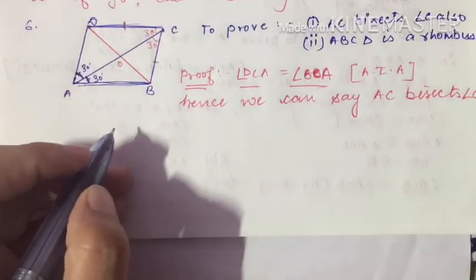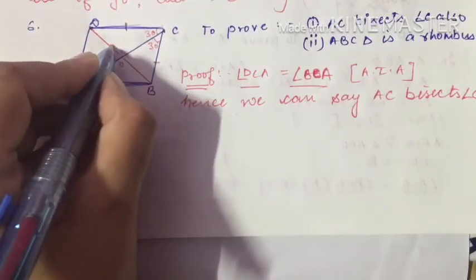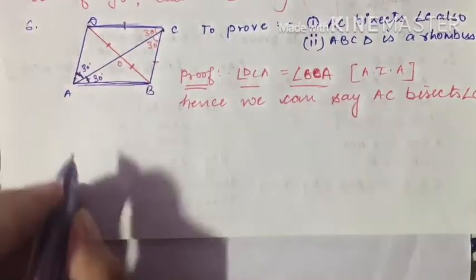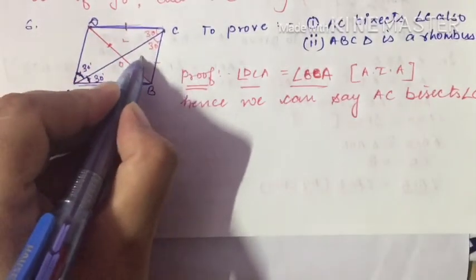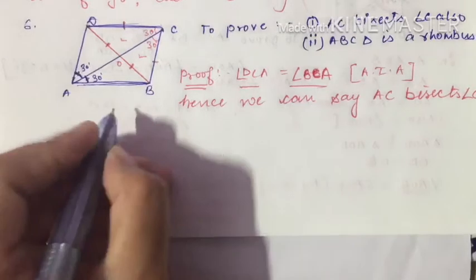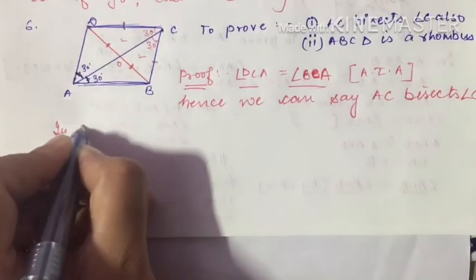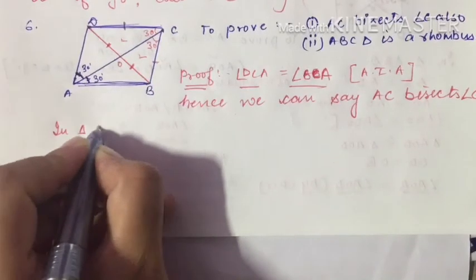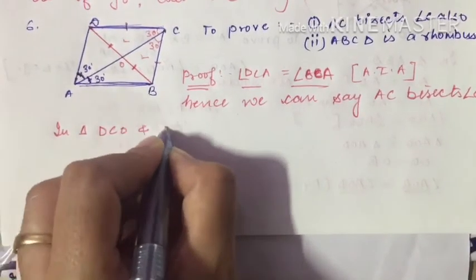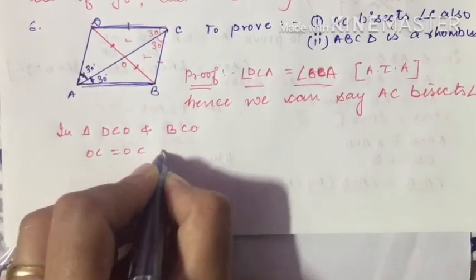Now dear student, we know that the diagonals of a parallelogram bisect each other. That means OB and OD will be equal. So this complete triangle and this complete triangle are congruent to each other. If they are congruent to each other, then our DC will be equal to our BC. So in triangle DCO and BCO, OC is equal to OC, common.